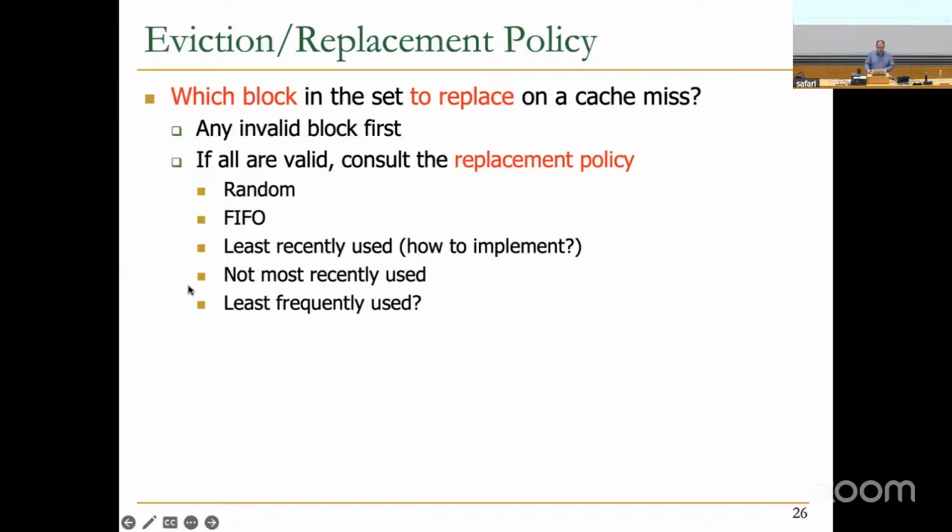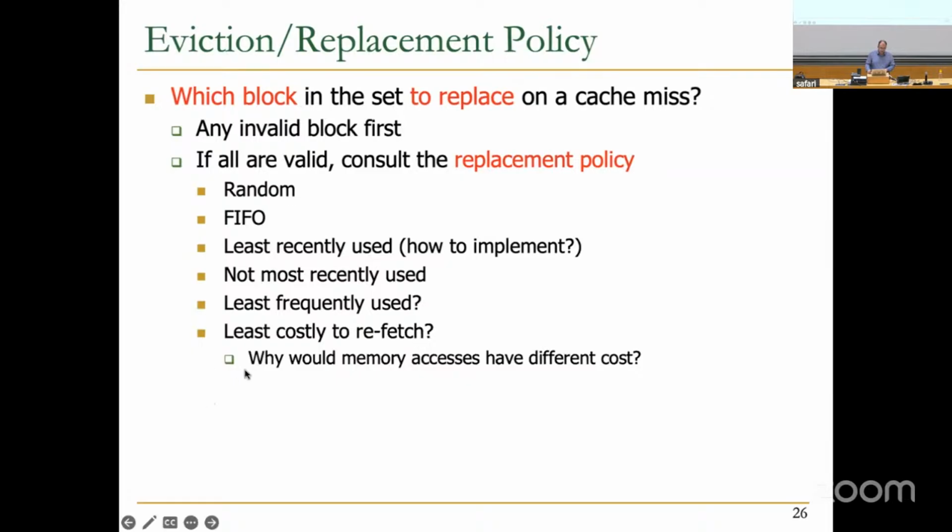Another one could be, for example, not most recently used. You keep track of which block is the most recently used, so you make sure you don't evict that block, but other than that, you don't care. You may select any of the blocks that are not most recently used. Or it can be least frequently used.